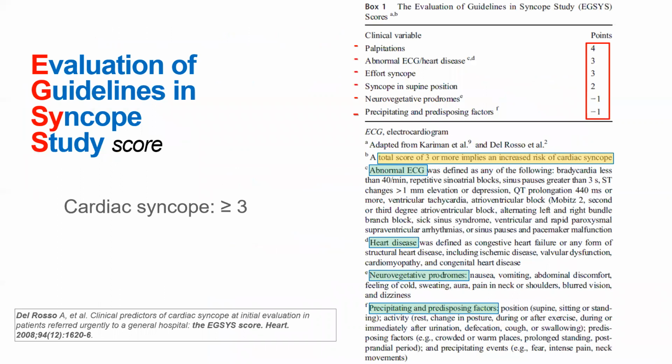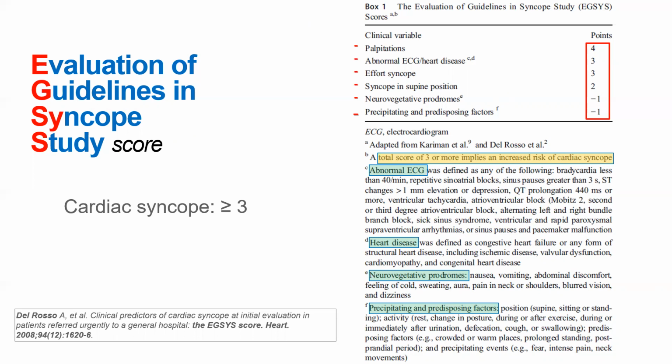In order to quantify the level of suspicion, Del Rosso and his colleagues elaborated a score, the so-called EGSYS score, to diagnose cardiac syncope in adults. The name comes from the name of the study, Evaluation of Guidelines in Syncope Study.